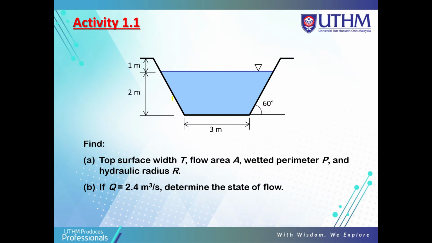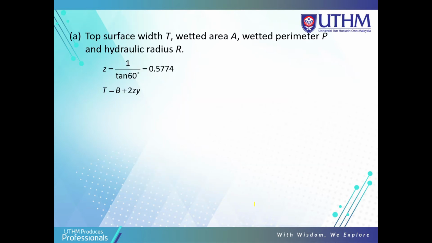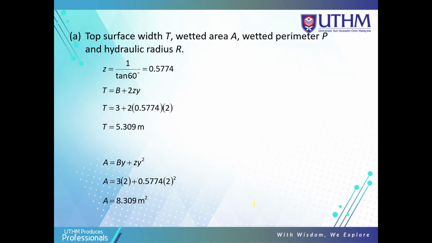We want to determine the top width T, flow area A, wetted perimeter P, and the hydraulic radius R, and use Q to determine the state of flow. The state of flow, I will explain in the last slide, using the Froude number and also the Reynolds number. Now we look at the calculation to get T, A, and P.